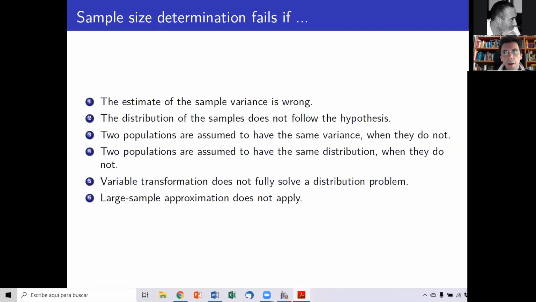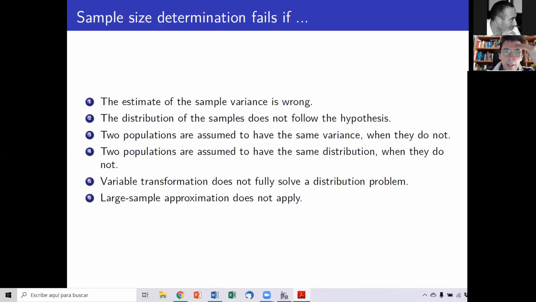And if you are wrong by a large error, then your sample size will be completely wrong. And you have seen in this very simple example, the sample size depends quadratically on the standard deviation. So if you make an error by a factor 2 in the standard deviation, then the sample size will be wrong by a factor 4.